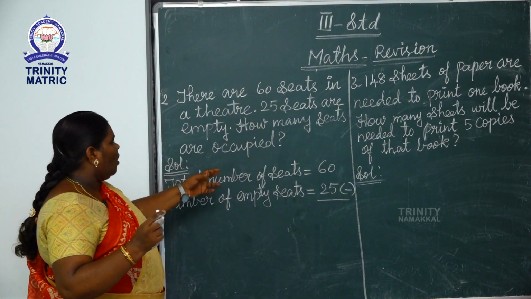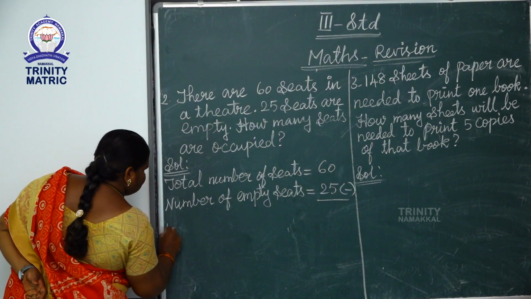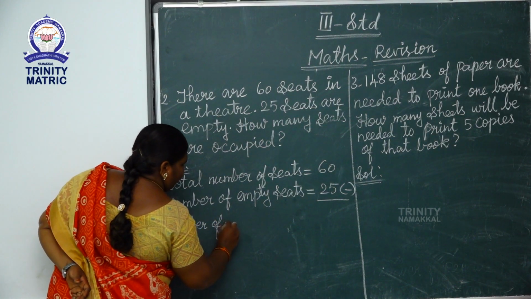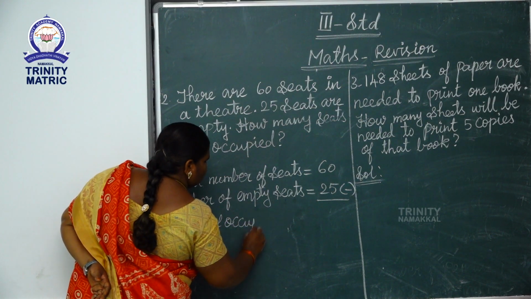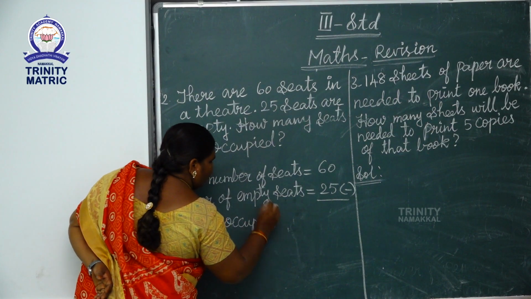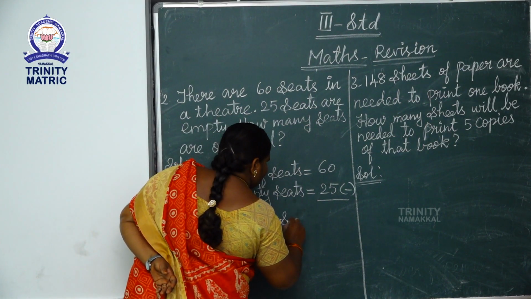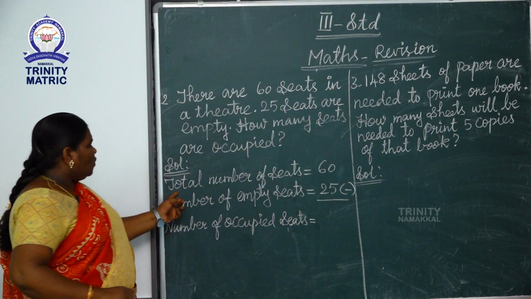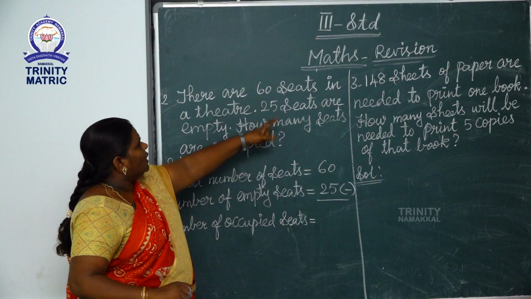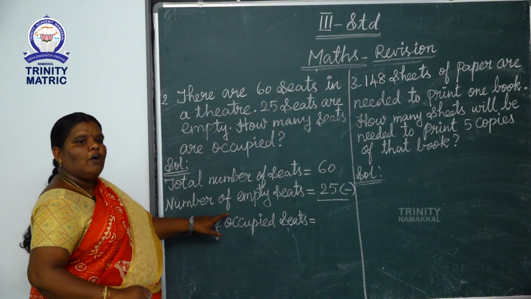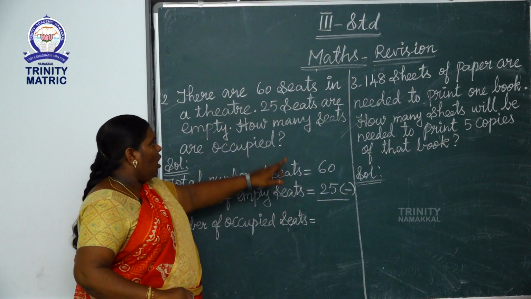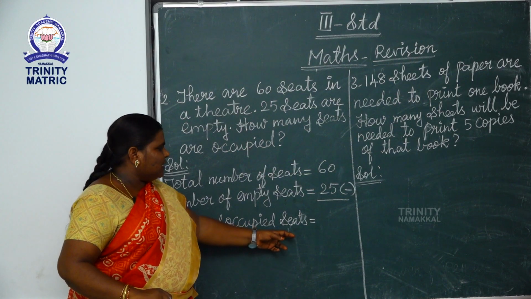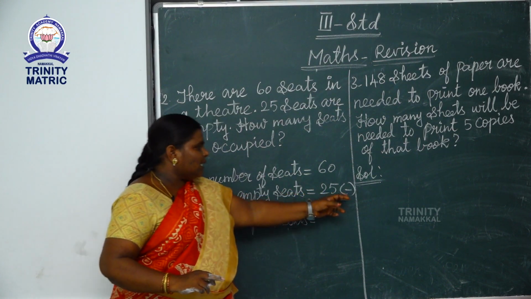How many seats are occupied? Number of occupied seats. See children, total number of seats 60. Number of empty seats, how much? 25. Number of occupied seats. We do the subtraction.